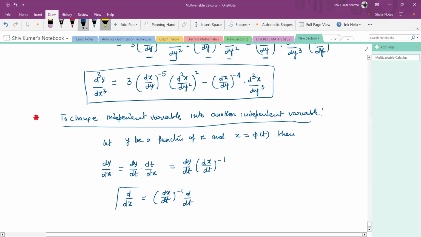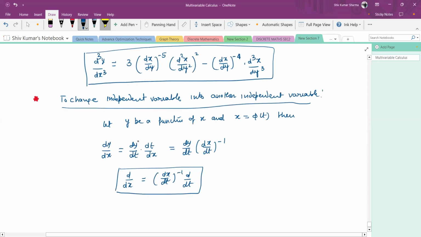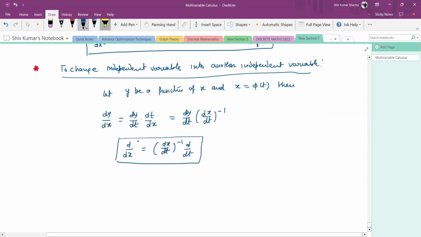So when we operate any dependent variables. Okay, so similarly, you can calculate for second derivative or third derivative. Okay, so now we take one problem related to that.